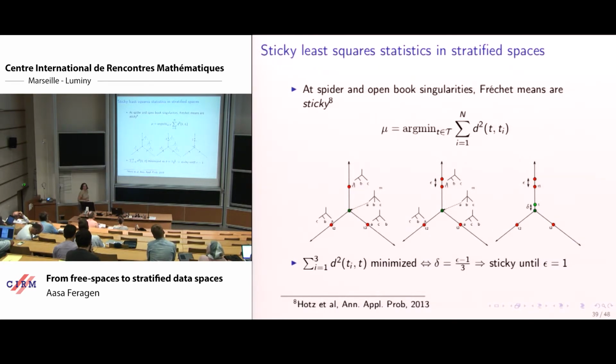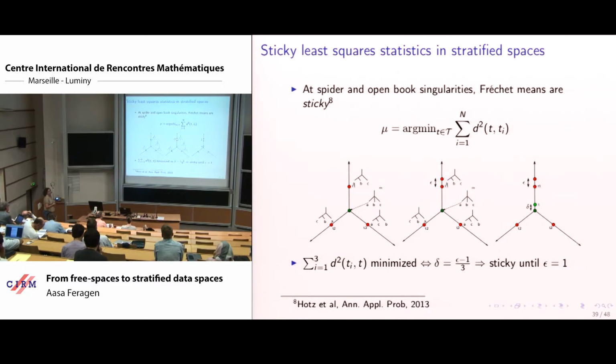However, some of these concepts also have issues. Already with the Fréchet means, they are what's called sticky. You can already see this on the 3-spider. If I have 3 trees, one on each leg of the spider, and let's say they are one away from the center point, so equal distance.